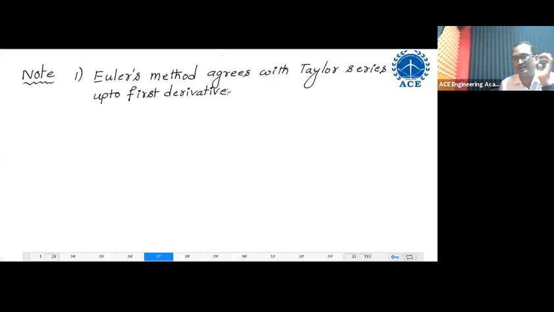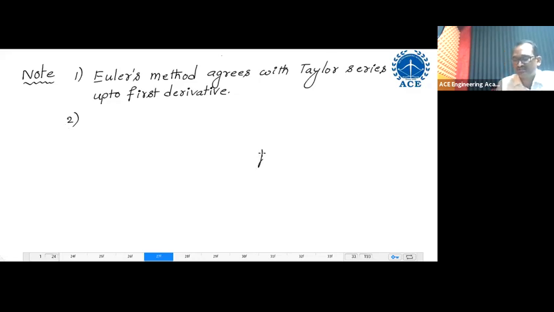If you try to solve an Euler's method problem using Taylor series up to second derivative or third derivative, it will give some error value, because Euler's method equals Taylor series up to first derivative only. That will contribute some errors.